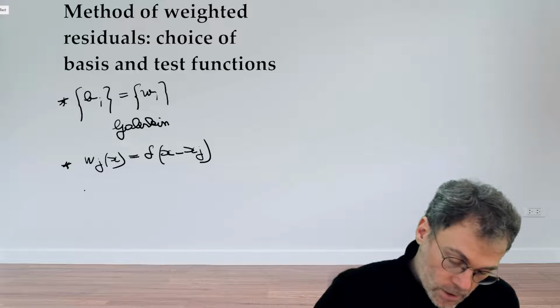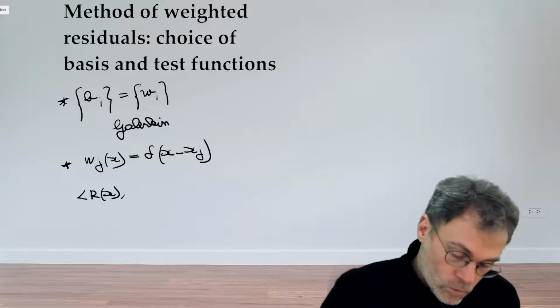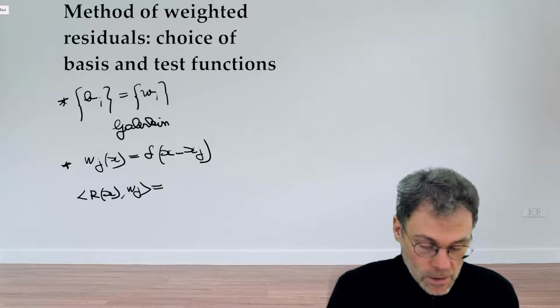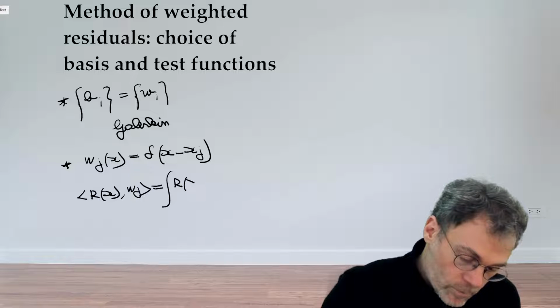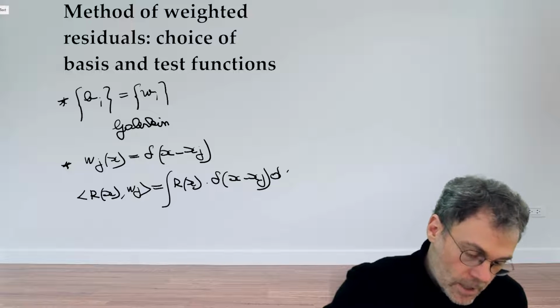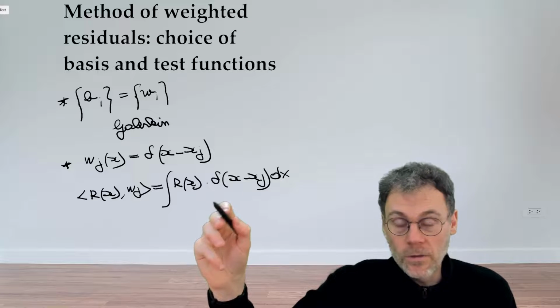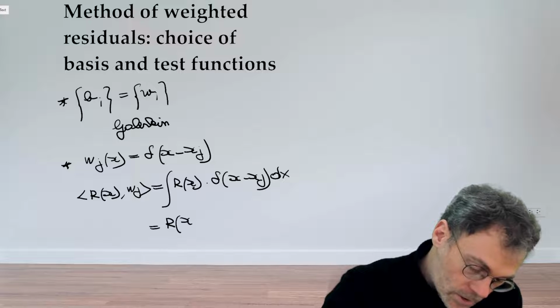So we need to calculate the scalar product of the residual with our weighting function. If we just simply say that for scalar product, we take an integral of the product of these two functions, the product of my residual and my weighting function, which is a delta function in this case, and I integrate over x, then by a well-known property of this guy here, you can basically say that this is r(x_j).